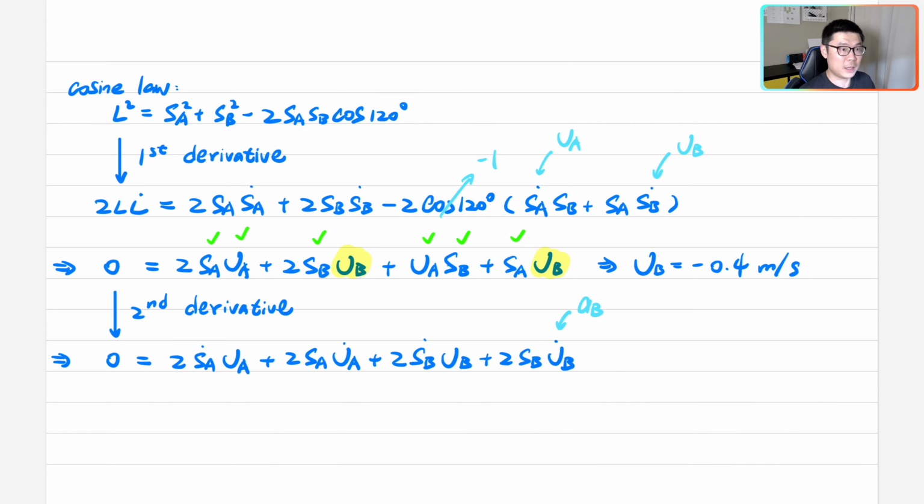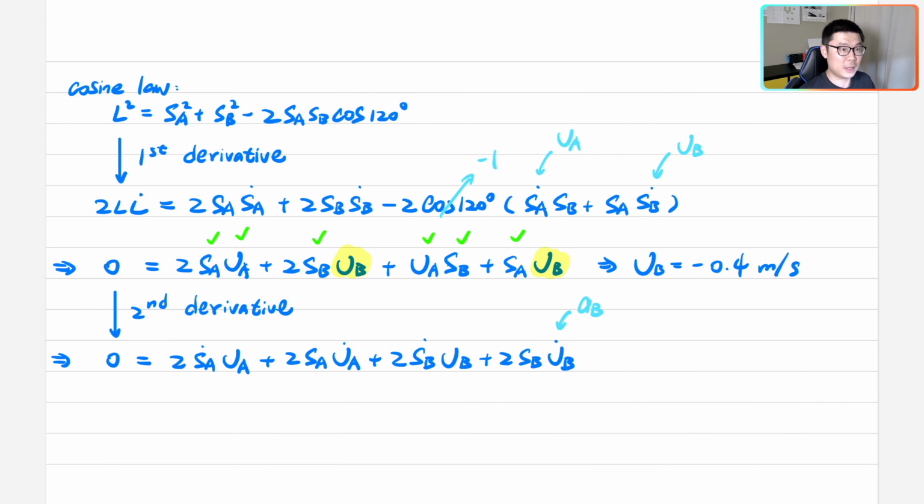The next one is the VASB part. Let me change my color back here. We have VA dot SB plus VA SB dot. And again, you realize this is your acceleration of A. We still have one last component to deal with.